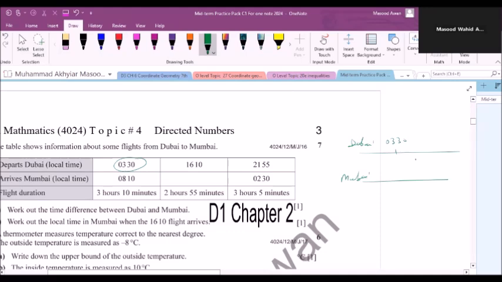This is the departure time, and the time of the flight is 3 hours 10 minutes.